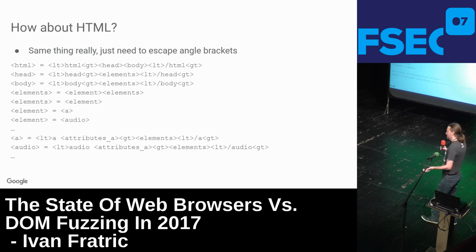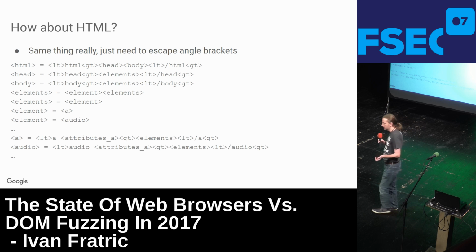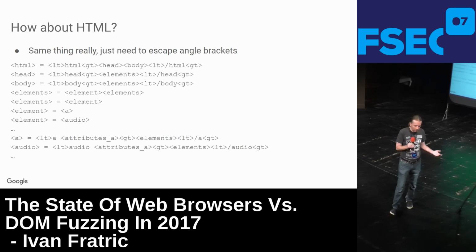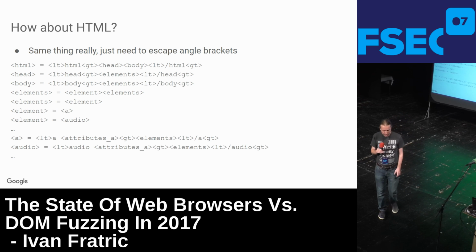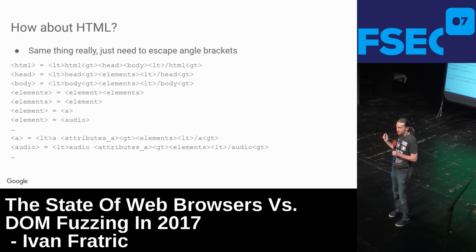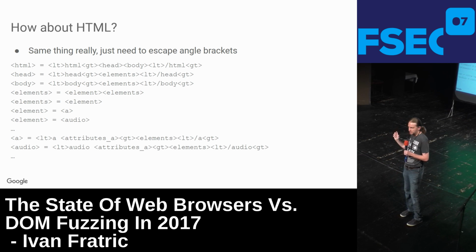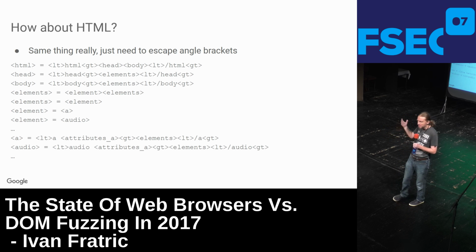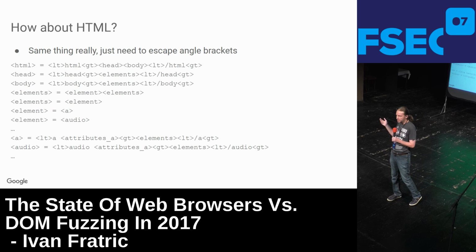So I showed you a CSS example. Can we use the same technique to generate HTML? Well, yes. Only minor quirk here is that I'm using angle brackets as characters that have a special meaning in the context of my grammar syntax, and HTML does as well.